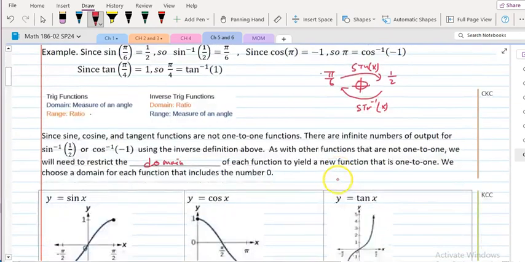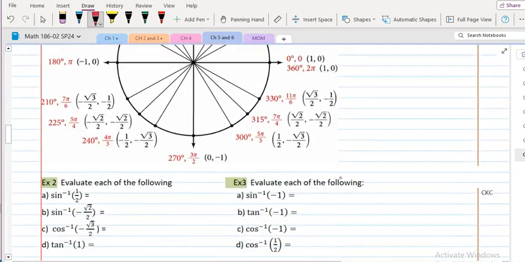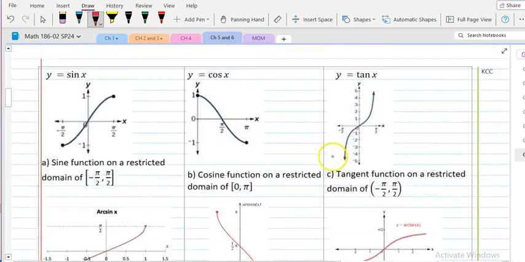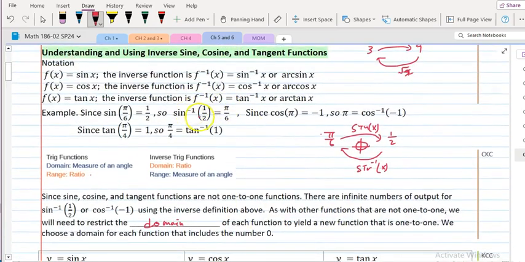So when you do the sine inverse function evaluation, you look at all the y values in the unit circle as your input, and then you look at which one matches your input, and the angle is your output, right?